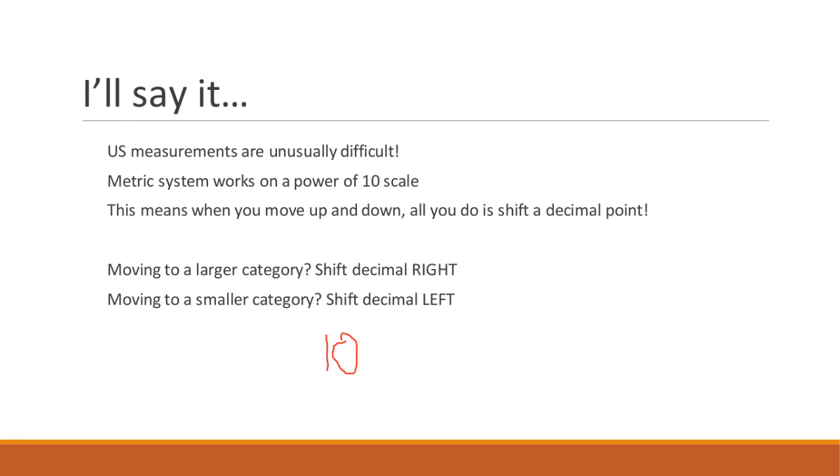So if you're trying to move to a smaller category, like if I have 10 grams and want to know how many milligrams that is, I just shift the decimal the number of steps on the metric scale. I've got some better examples that I'm going to show soon, but let's see here.